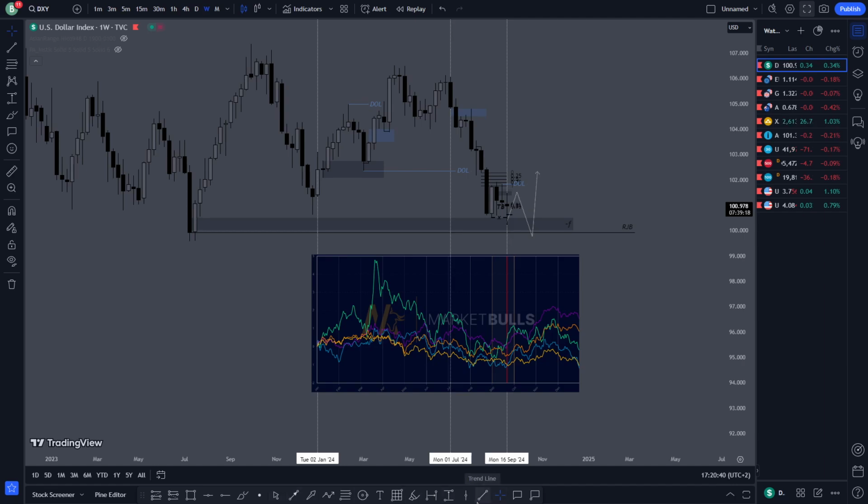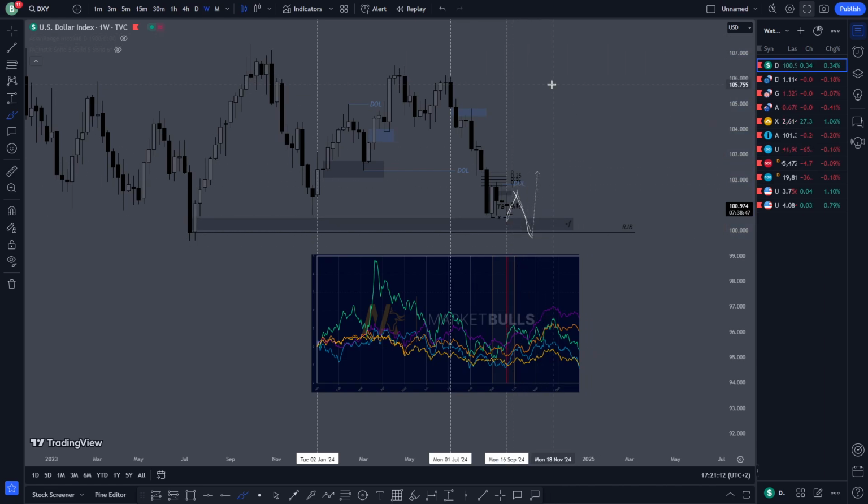Okay, so the red line is where we are today. I'm expecting overall higher prices on the DXY, but not immediately. A small pullback to the upside, then a small pullback to the downside, hitting the rejection block, maybe taking out these relative equal lows, but if we did that, we'd immediately push higher.